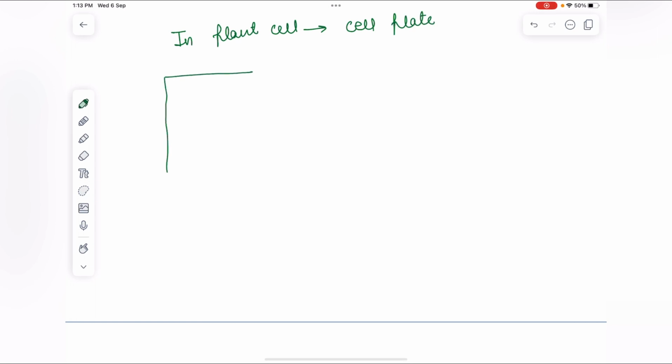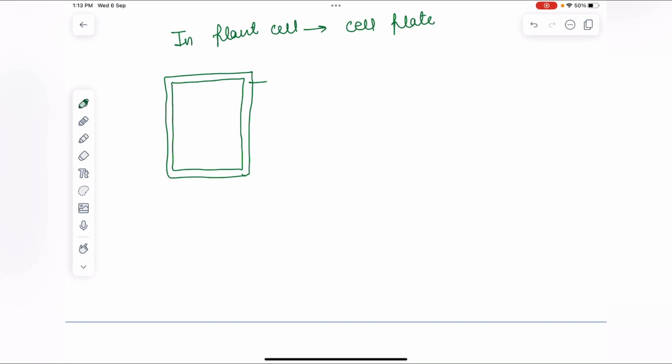In the plant cell there is a cell wall, and we cannot divide the cell like an animal cell because of the presence of the cell wall, and it is very stiff. That's why we cannot make a cleavage or furrow in the plant cell.